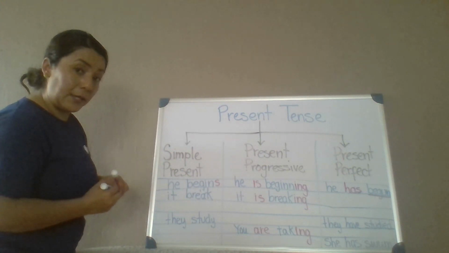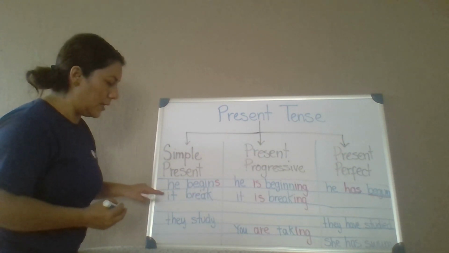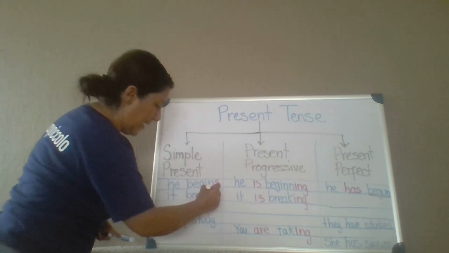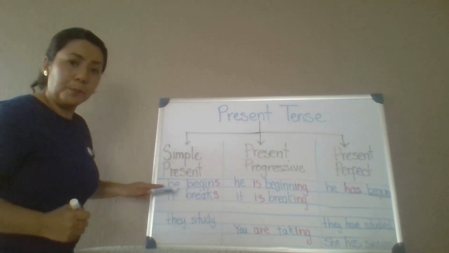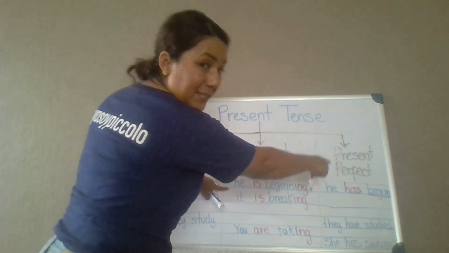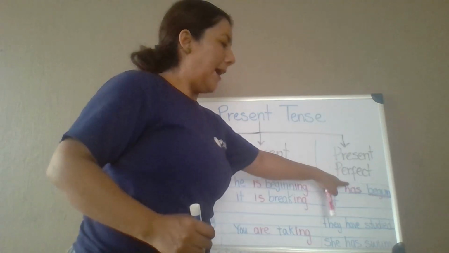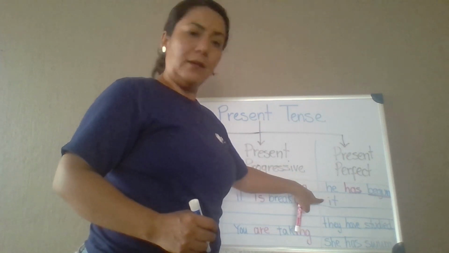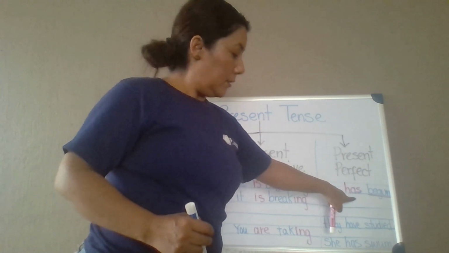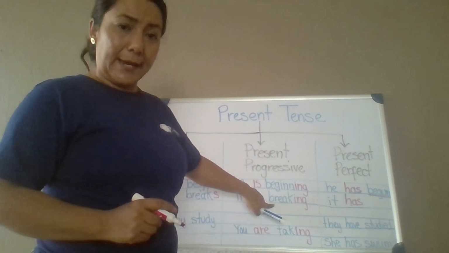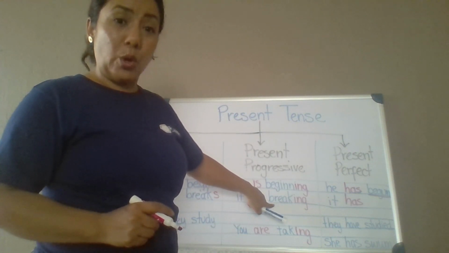And remember what I said before. He, she, it. What do they need at the end of the verb? S. It breaks. For present perfect, we keep the subject, have or has. Singular, it. Singular, has. What is the participle of break? Broken.